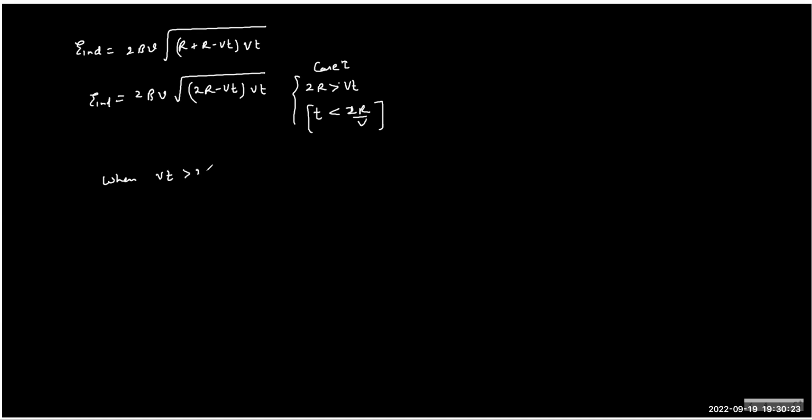When vt exceeds 2r, in that case, you have to write E induced equals 2Bv, and we have to make a small change here. That's it. So this is how we find the answer for both cases.